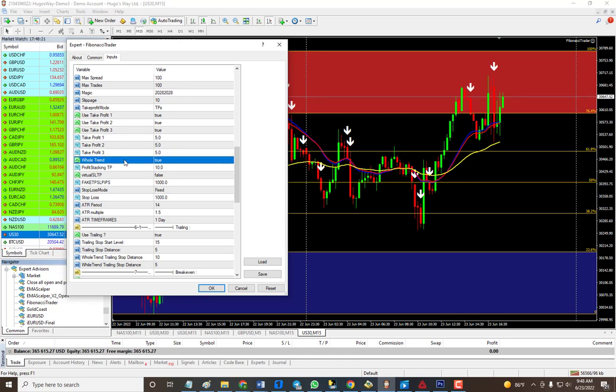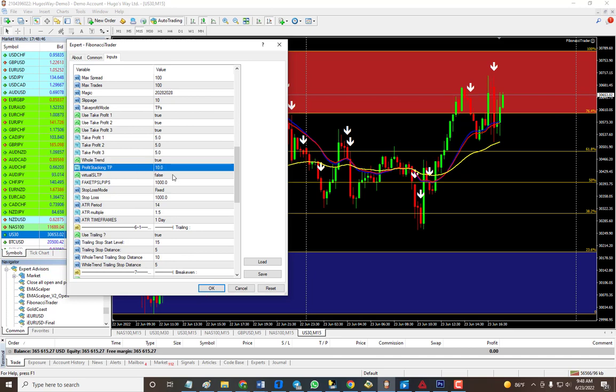And also you have hold trend. So when it triggers a sell, it's going to stay in until you have a trailing stop or anything that will kick it out, but it will stay all the way till the trend changes when there is the opposite signal. So for a sell, it will only close when the buy signal is generated. And you have profit stacking.